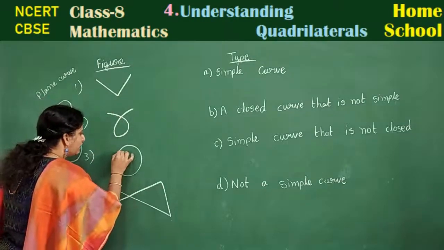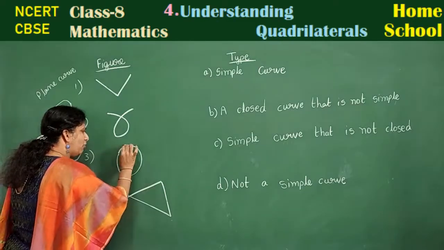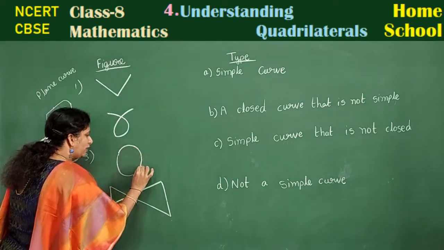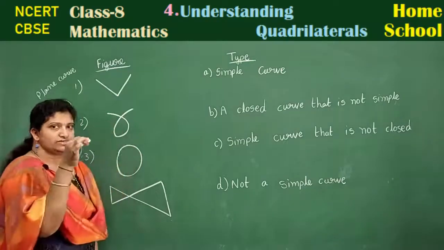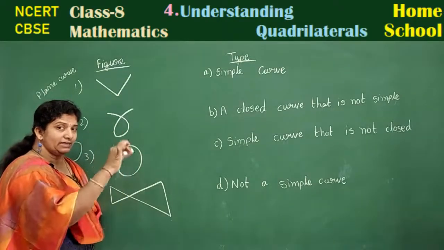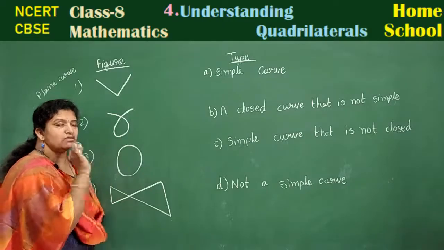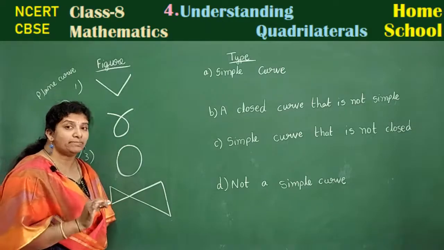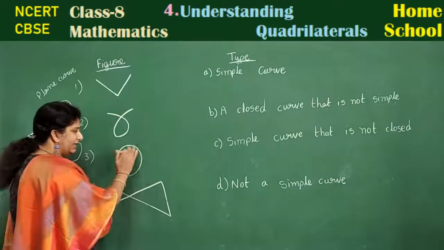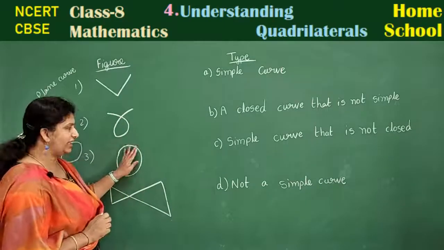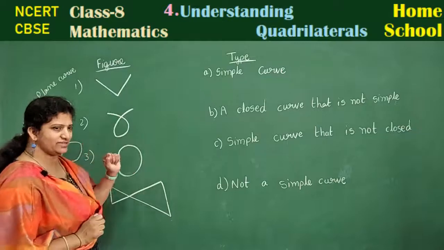Next one, if I start from any point, look here, how am I tracing? I started from a point and ended at the same point. So it is a simple closed curve. This is a simple curve and it is closed, having interior and exterior regions.